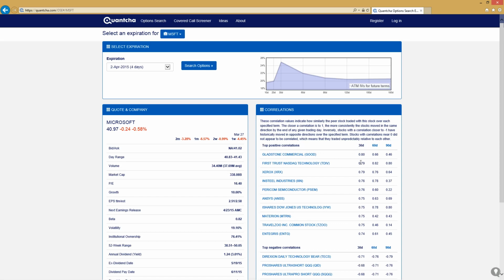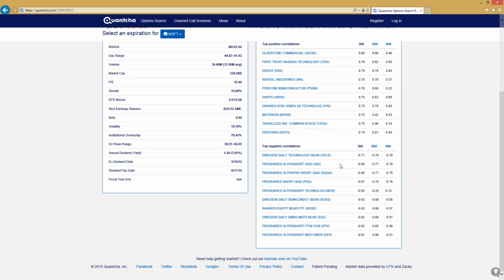On the other end of the spectrum, you've got negative correlations. These are all pretty much ETFs. But you can see, for example, this Direxion Daily Technology Bear Fund is negative 0.71, which means it's pretty highly negatively correlated with Microsoft.